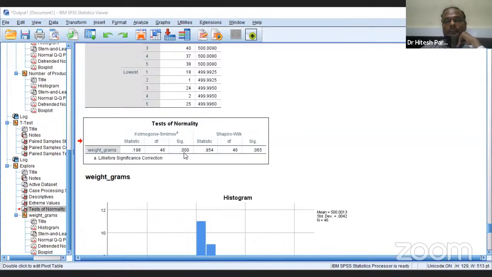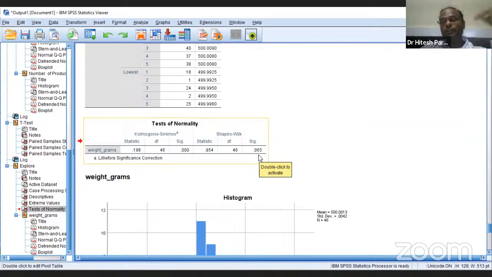The p-value of KS is 0.000. The p-value of Shapiro is 0.065. So Shapiro says normal. KS says it is not normal. So how to take a call? What should be our decision now?